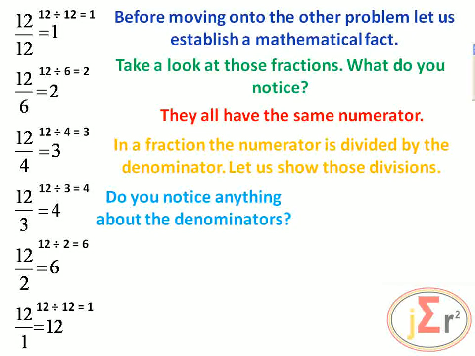Do you notice anything about the denominators? Well, there is a lot to be noticed about the denominators. They are going down smaller in sequence. Okay, so the denominators are getting smaller and smaller each time. That is what Jerry said.